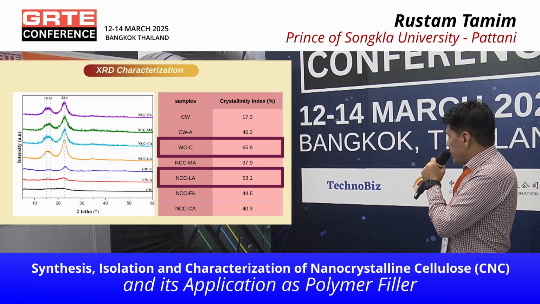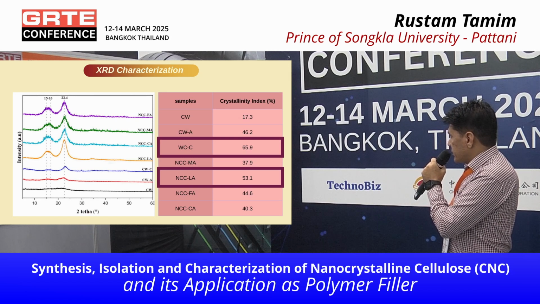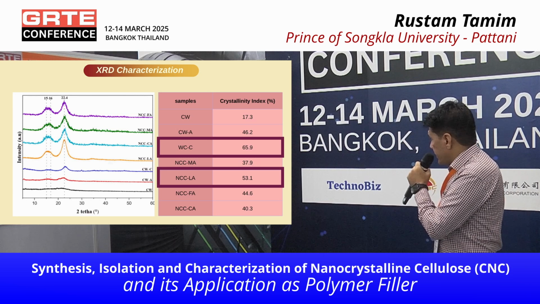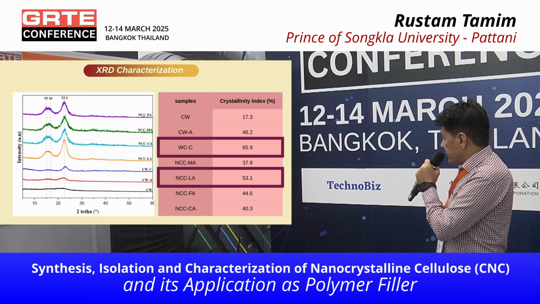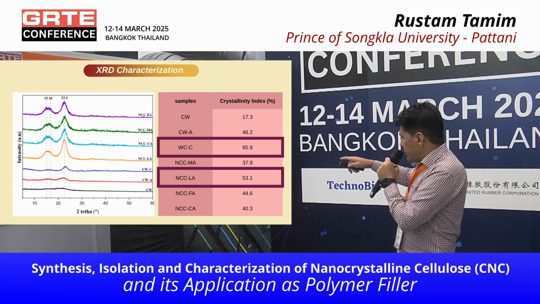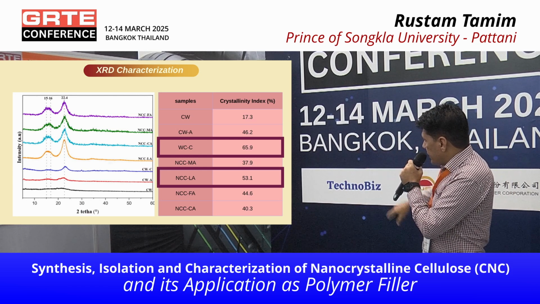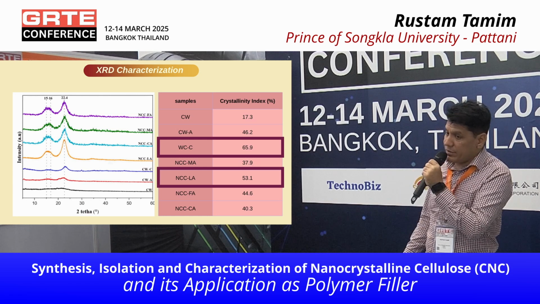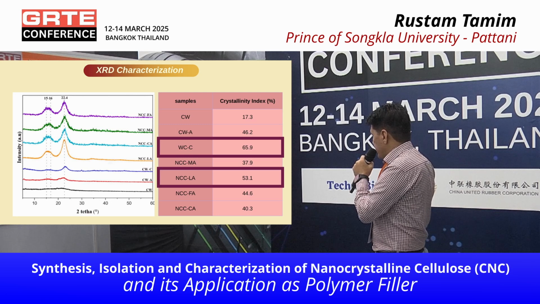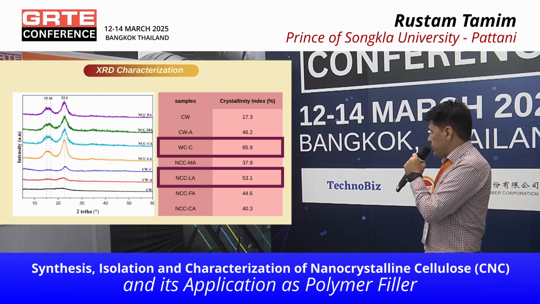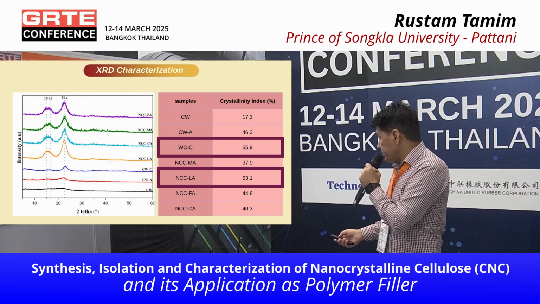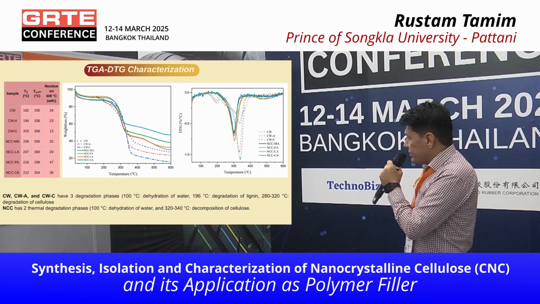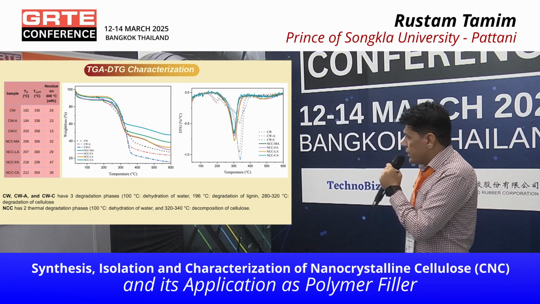The maximum one is the calofilm crystal, which has a 65.9% crystallinity index. And if you use the acids, the maximum one is NCCLA, where we use lactic acid, which is 53.1%.